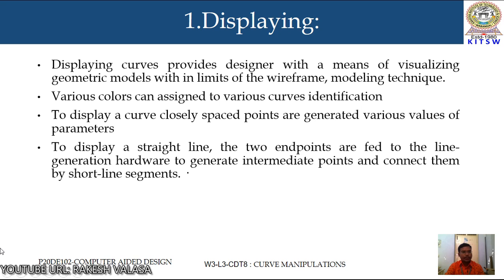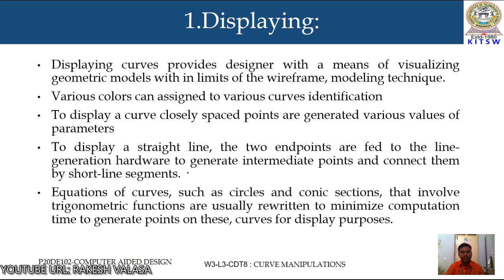For example, to display a straight line, you can take any line connected with two endpoints, and these are fed to the line generation hardware to generate intermediate points and connect them by short line segments. Here, a line means the shortest distance between two endpoints. Equations of curves such as circles, we already discussed in the analytical curves.